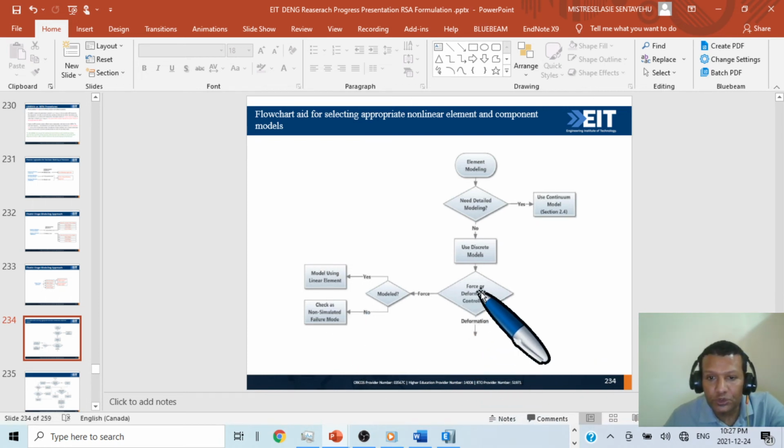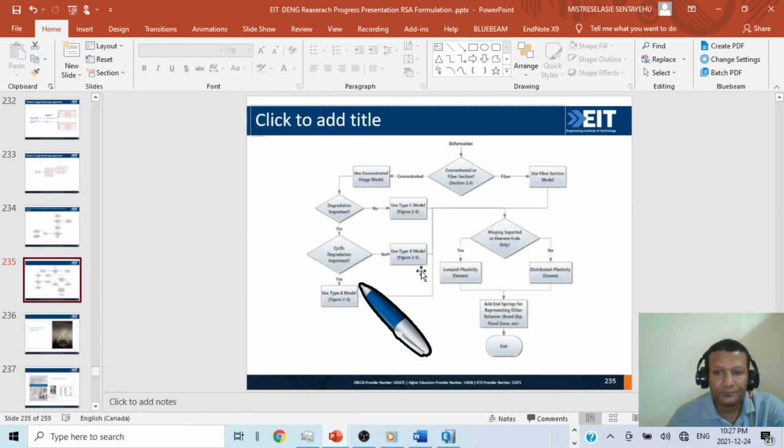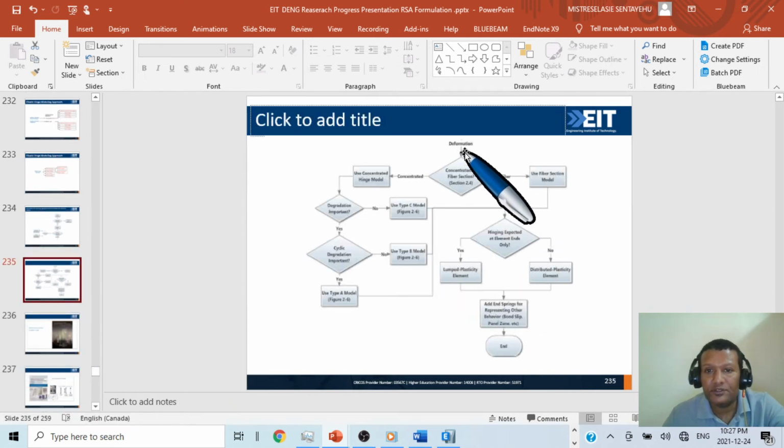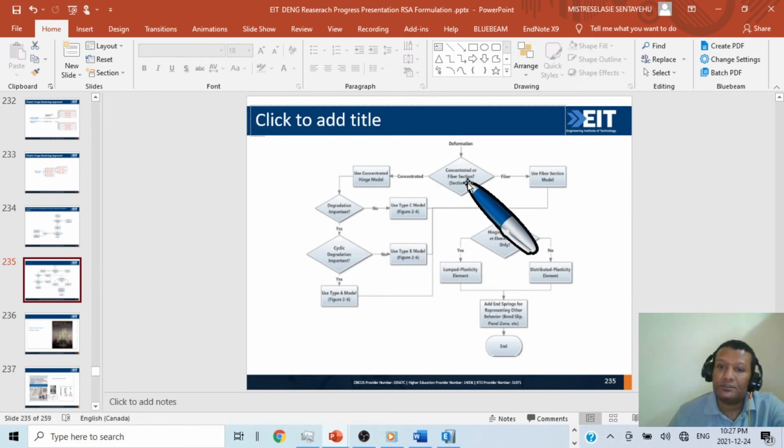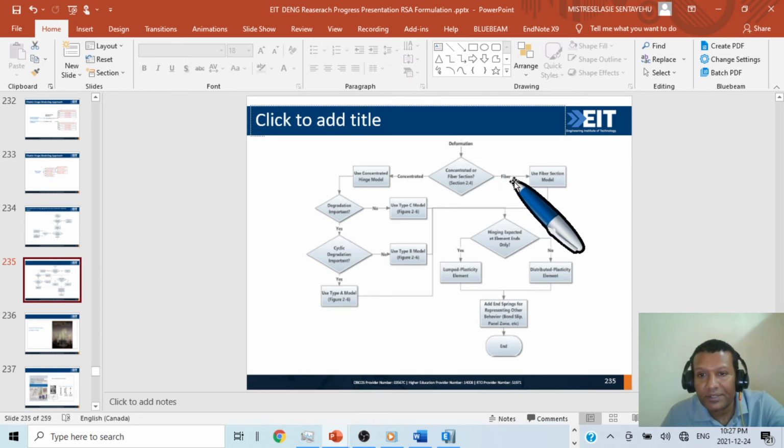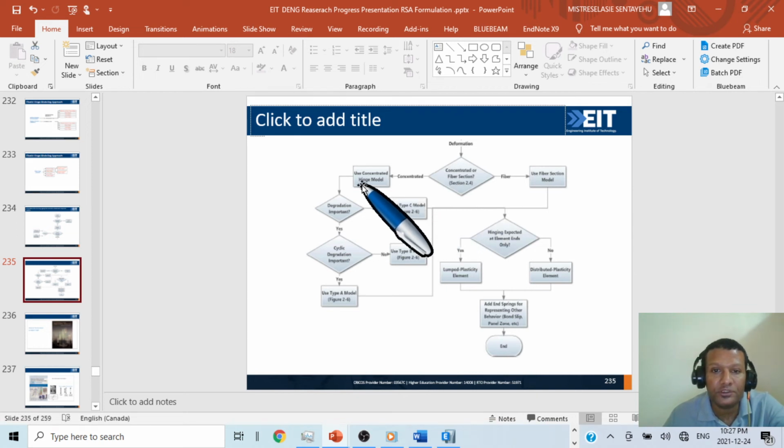Then if we choose deformation, you choose concentrated or fiber section. If it is fiber, you have to use fiber section modeling. If it is concentrated, you have to use concentrated hinge modeling.